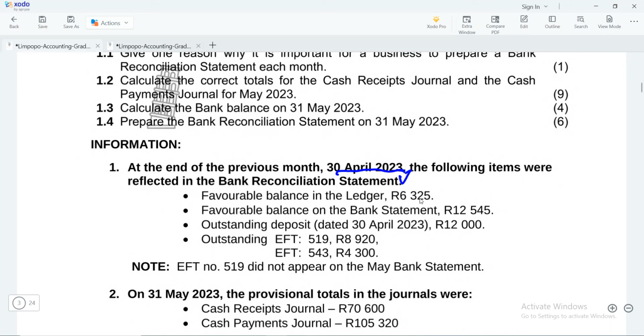Obviously, you'll have the balance from the bank account, and then you'd have also the balance of the bank statement. Now, what you need to remember here is that the balance of the bank account from the previous month's reconciliation statement will serve as your opening balance for this month. So it's very important for you to start by entering that in your bank account.